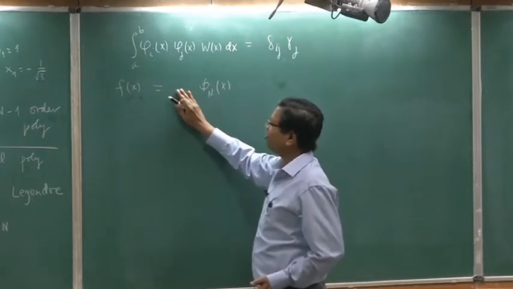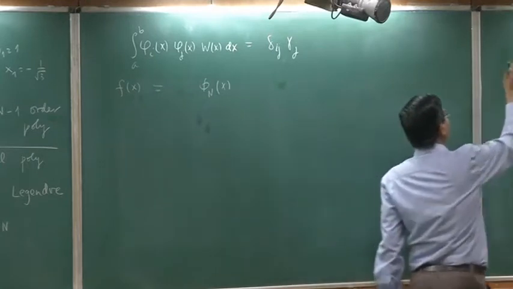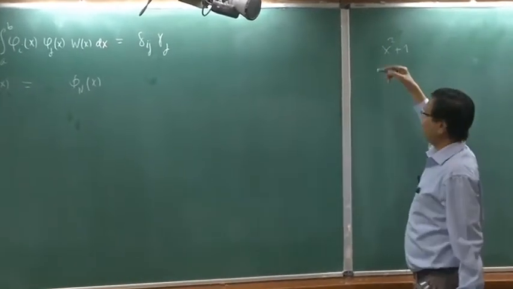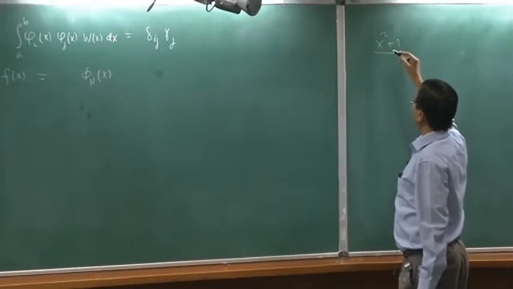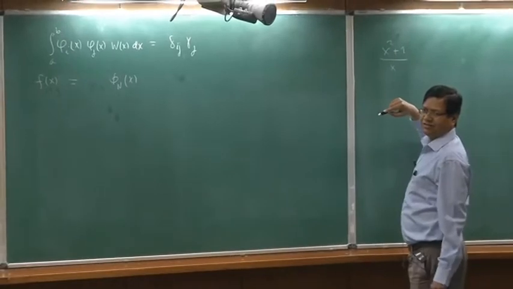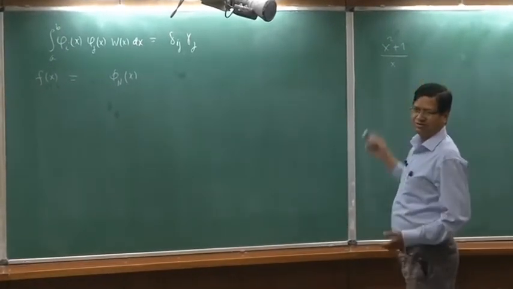So the remainder is of what order? Let us say I divide the function x squared plus 1 by x, so I will get x plus 1, and the remainder is 1.